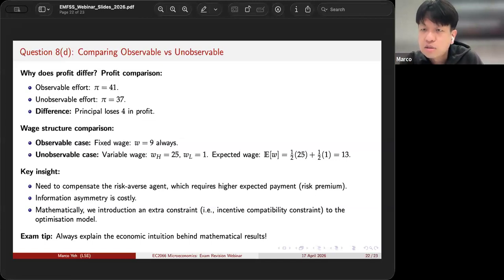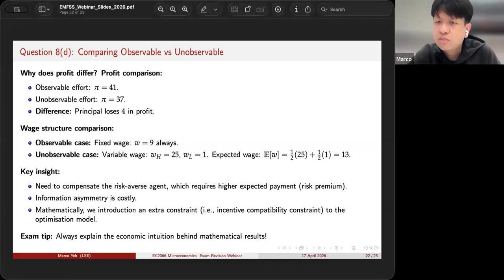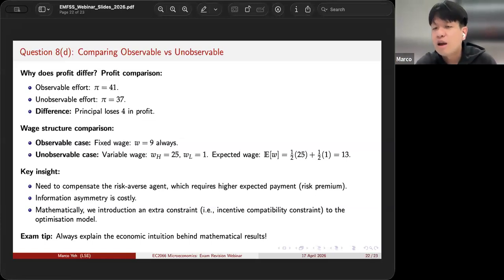Would it lead to the principal offering more than the wasted salary? It shouldn't be the case if we have a risk neutral agent. If both agent and principal are risk neutral, the principal will demand a fixed proportion.